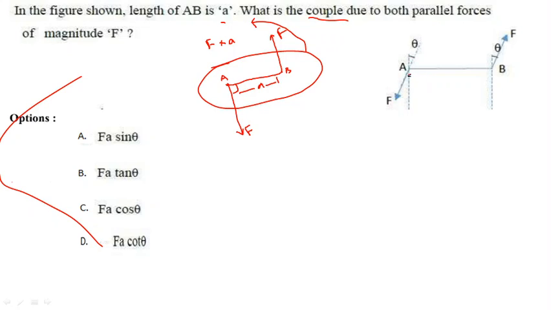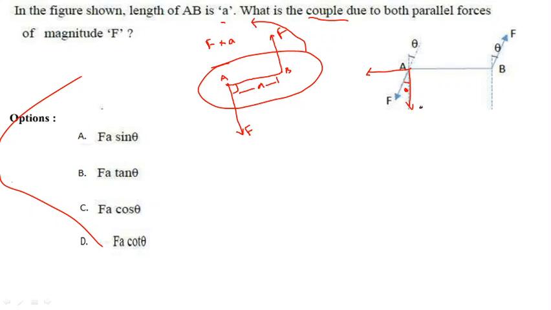So let us start resolving the forces. Here at point A, the force is acting in this direction. Here the angle is theta, and here also theta. If you resolve this force into a horizontal component and a vertical component like this, it is making angle theta with the vertical axis.